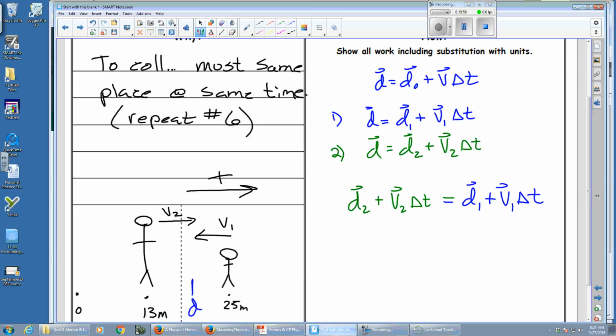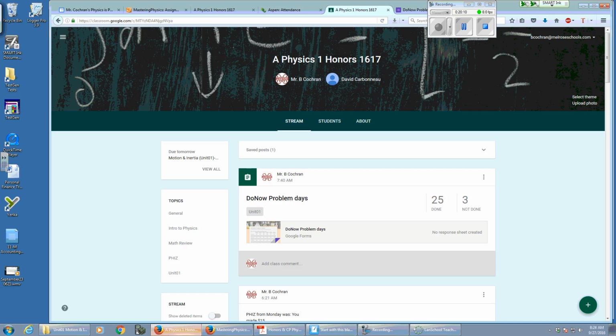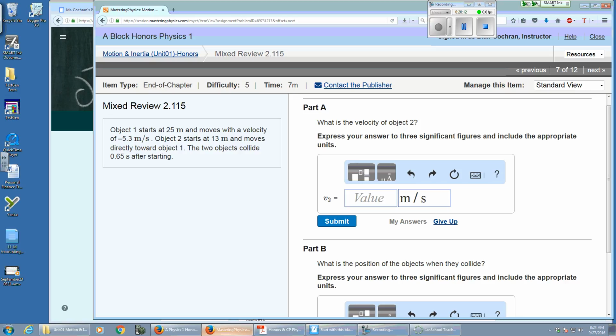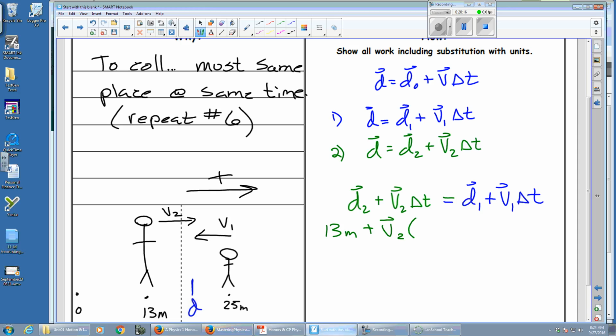All right, so D2, where object 2 starts, that's 13 meters, plus, I don't know V2. I do know my time, though, right? Mine's 0.65 seconds.